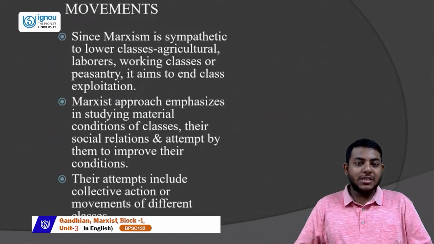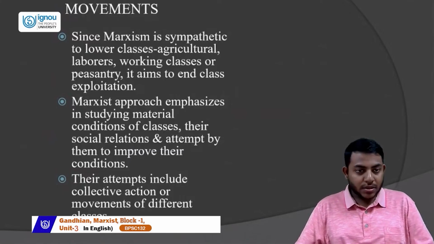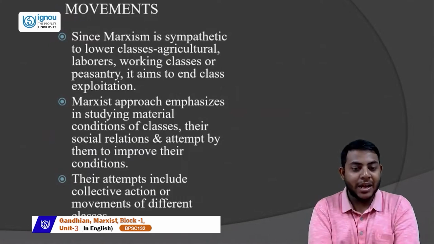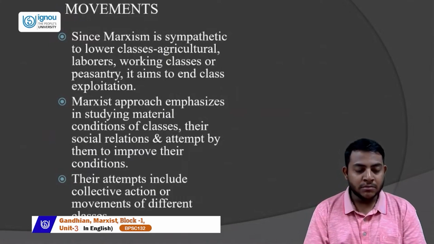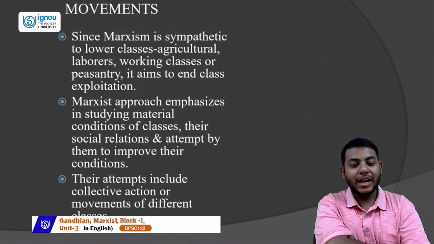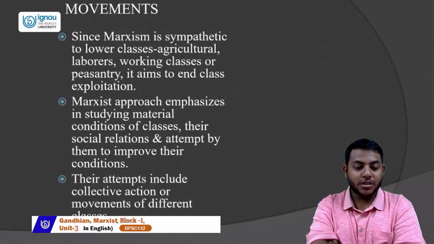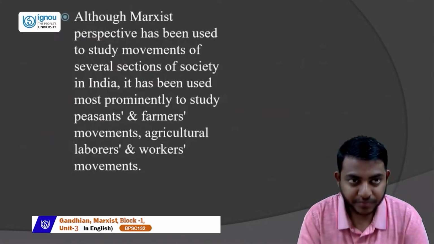Since Marxism is sympathetic to lower classes, agricultural laborers, working classes, or peasantry, it aims to end class exploitation. So the Marxist approach emphasizes studying the material conditions of classes, their social relations, and attempts by them to improve their conditions. Their attempts include collective action or movements of different classes.